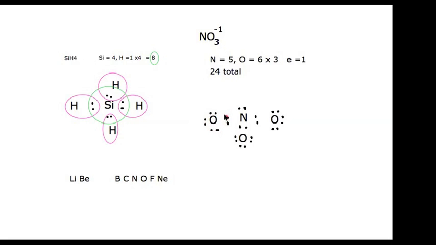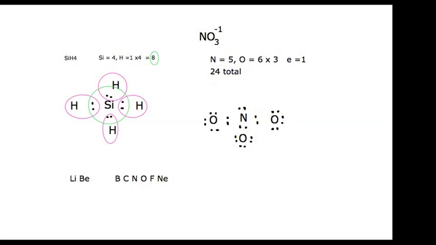And I'm only going to count the bonding pairs once. I'm not going to count them twice. So there's 8, 10, 12, 14, 16, 18, 20, 22, 24, 26. But we only have 24 electrons available. So I've drawn more electrons than I'm really allowed to use.